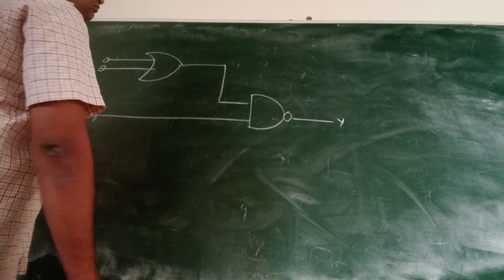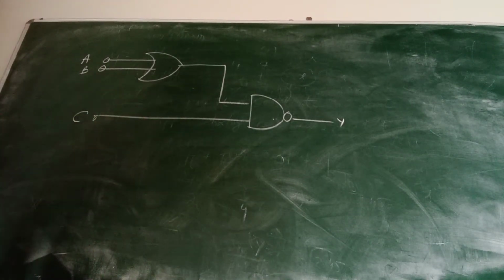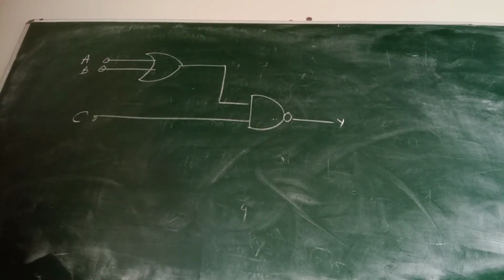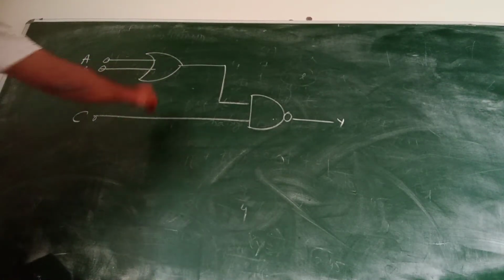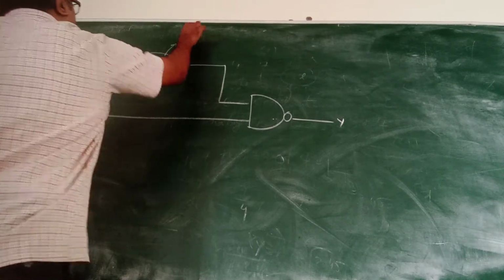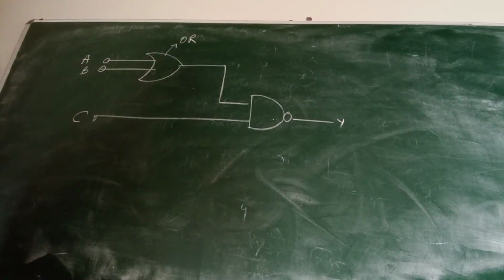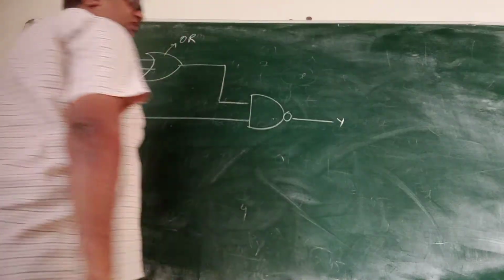So this is given. Let us do different cases in this and see what is the output in each case. So which type of gate is this? You can see the curvature here. First we need to identify the gates properly. This gate is an OR gate, and always see whether there is a circle or not.